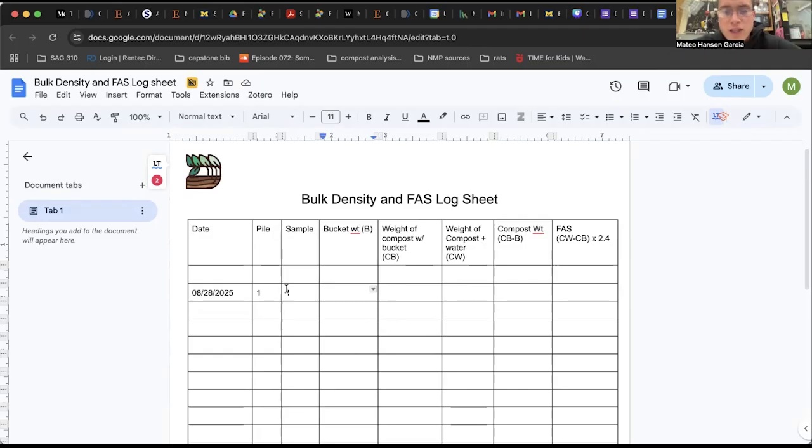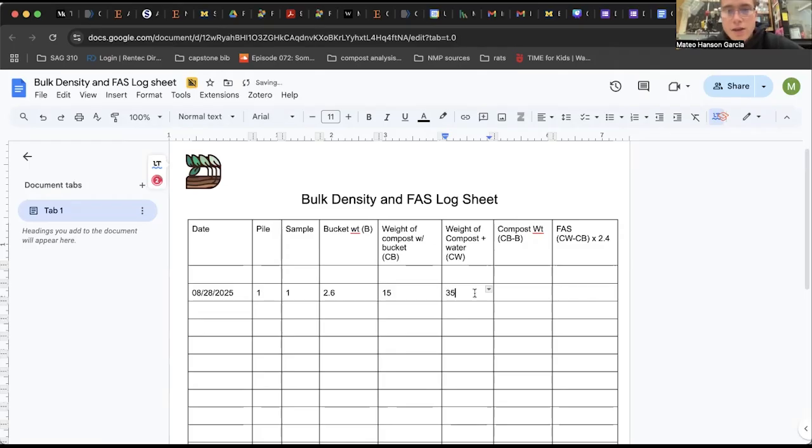Well, collect the weight of a bucket. Let's say the bucket is 2.6 pounds. And then the weight of the compost with bucket, let's say that's about 15 pounds. If we're following our bulk density instructions, at this point we're in the free airspace part of this, and we are going to want to calculate the weight of compost with water when we fill up our 5-gallon bucket.